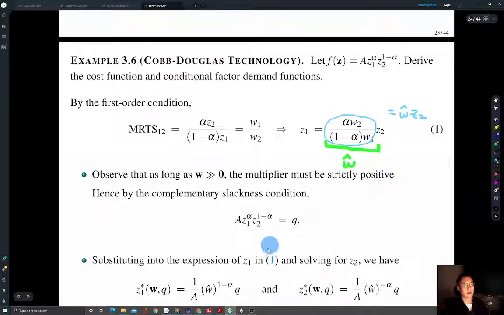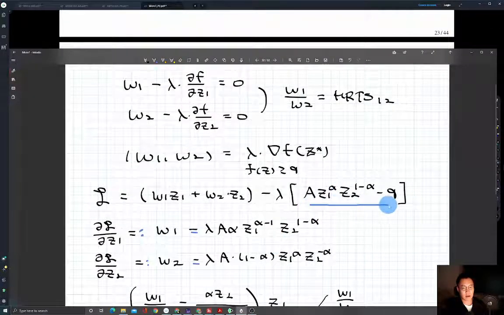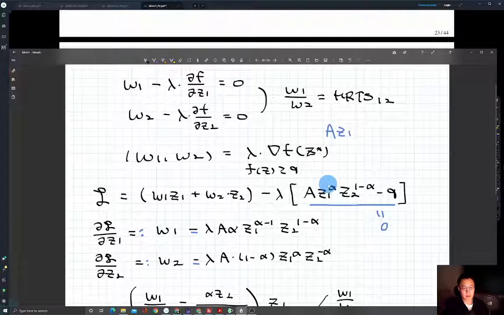By the complementary slackness condition, if the multiplier is strictly positive, then the constraint must be binding. The given constraint was originally put as A z1 to the alpha z2 to the power 1 minus alpha larger than or equal to q, an inequality constraint.